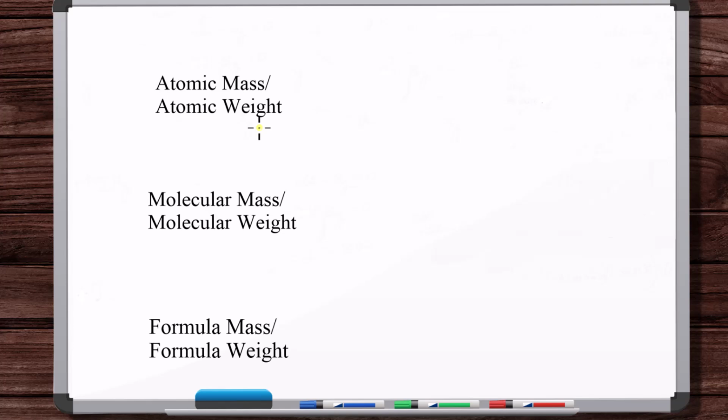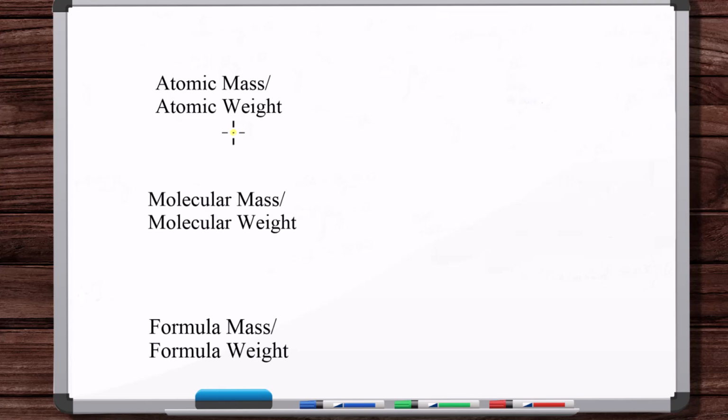However, as the textbook indicated, it's not a strict requirement for you to only use the term weight when referring to an averaging of the weights of isotopes, and then make sure to use the word mass when referring to a circumstance of specific isotopes. In general, you can use either one of these terms you want, whether or not the context is a specific isotope or the averaging of isotopes.